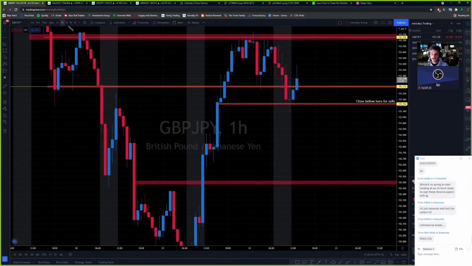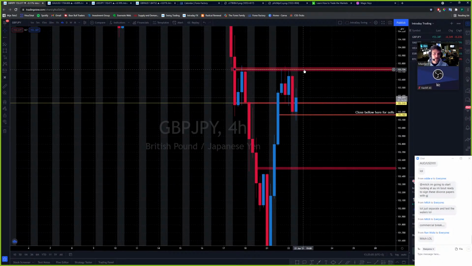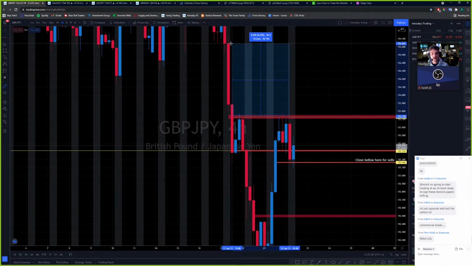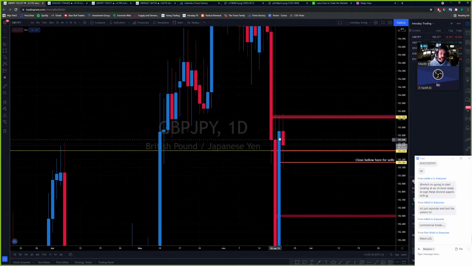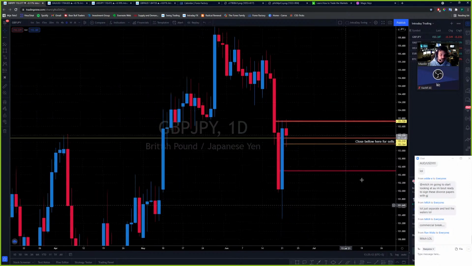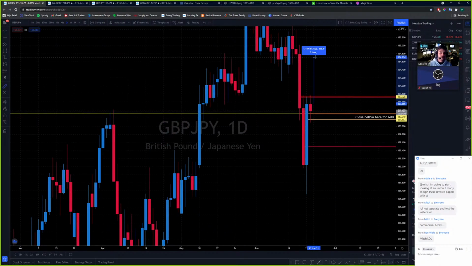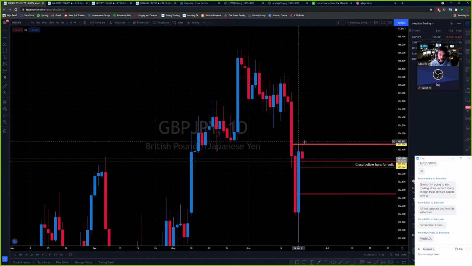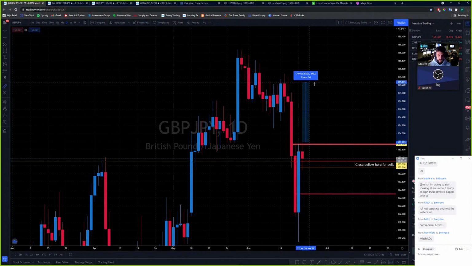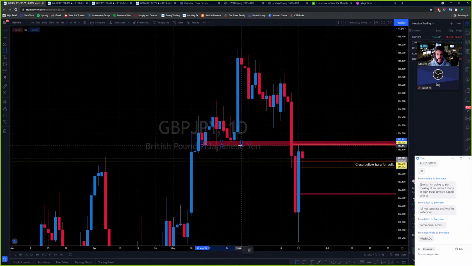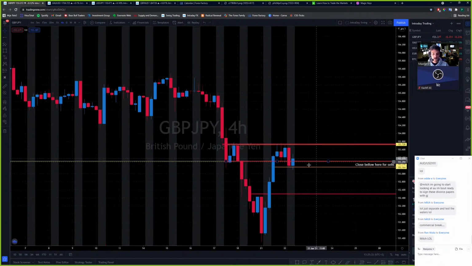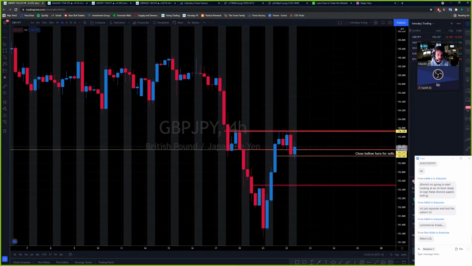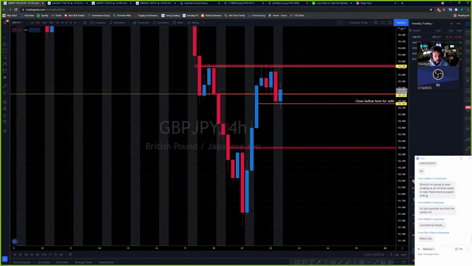That's also what I'm looking for, a close above this level to correct the clean move to the left, because the previous daily candle did close bullish, so there is that probability that price can continue bullish to retest the highs, and for that to happen we basically need to clear these highs over here. But there's also this resistance over here on the left, which is why we are also considering sells. So whichever way price breaks, I think we can have a profitable trade.